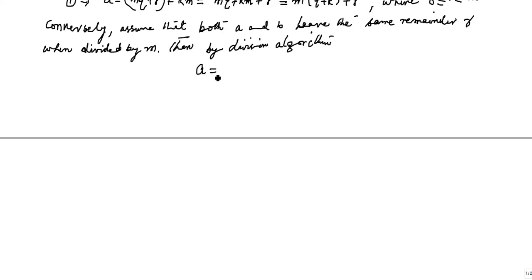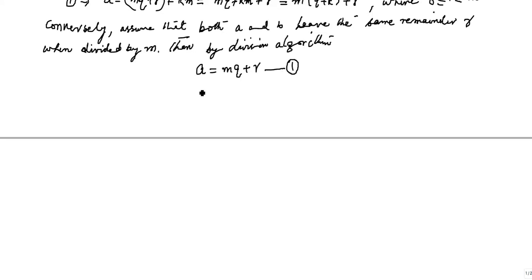So, according to the division algorithm, there must be two unique integers q and r such that A can be written as mq plus r. We can call this equation 1.